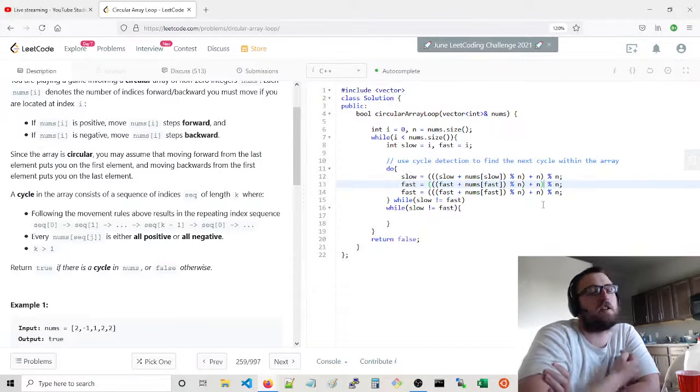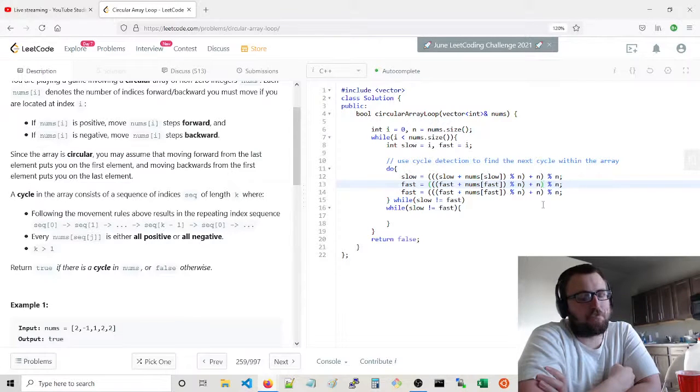If we did negative 999, 3 minus 999 gives you negative 996, which is negative 995 plus negative 1, modulo 5.